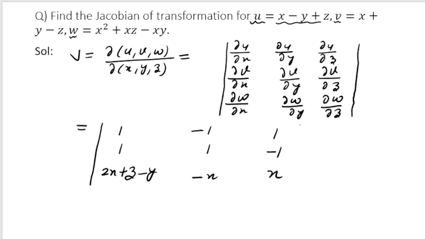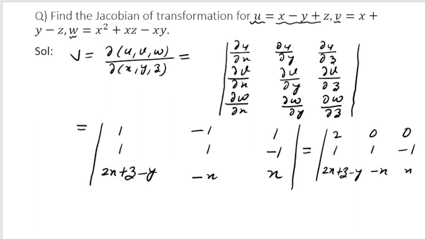Okay, so now if I evaluate this determinant, we can add the first two rows. If I add this row and this row, I will get 2, 0, 0, then 1, 1, minus 1, and 2x plus z minus y, minus x and x.